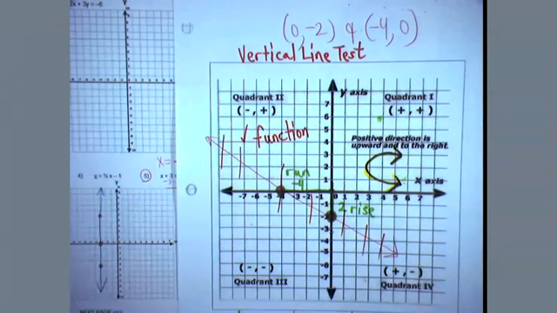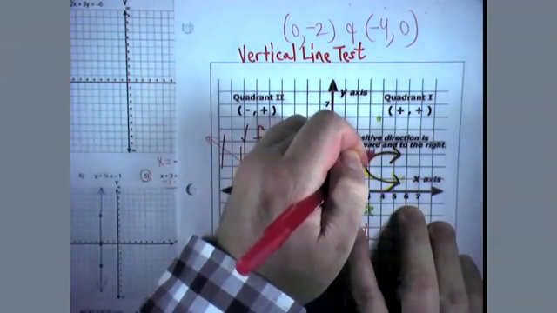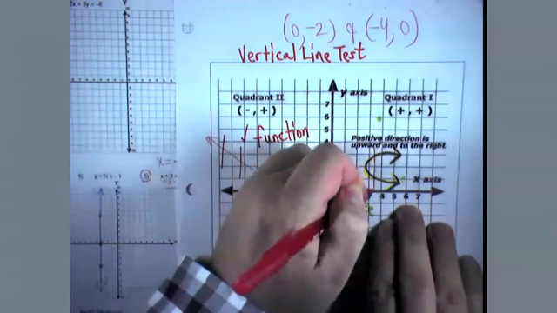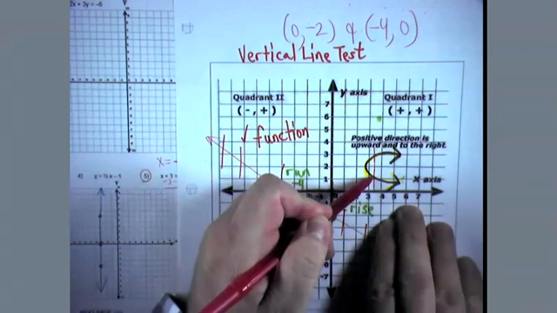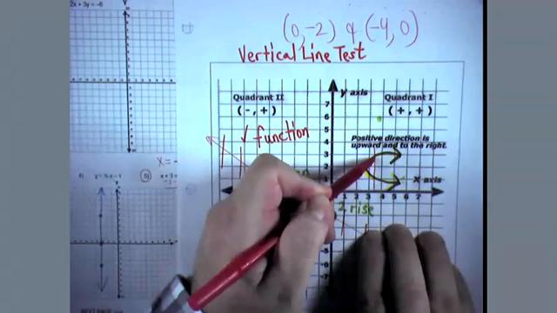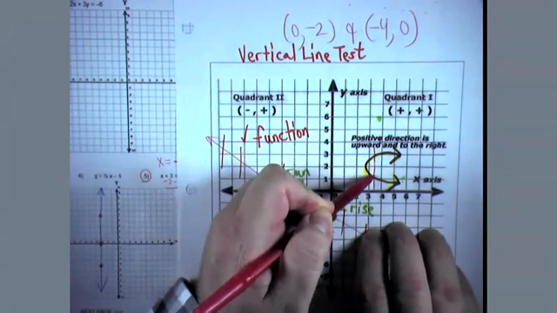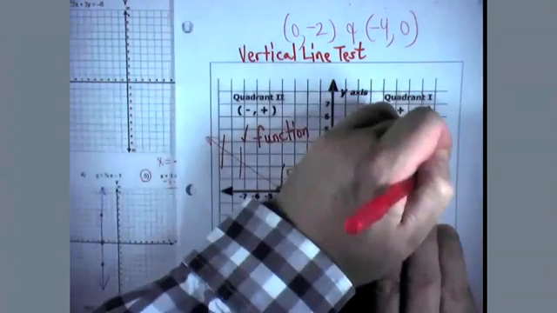Well, when we draw a vertical line through our graph, and just follow my pen here, it touches one time here, and it touches again on the other side of the graph. Because our vertical line intersected at more than one point, this particular graph is not a function.